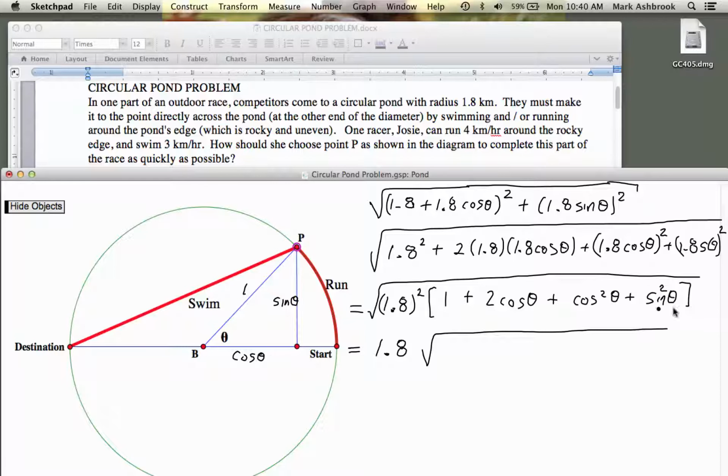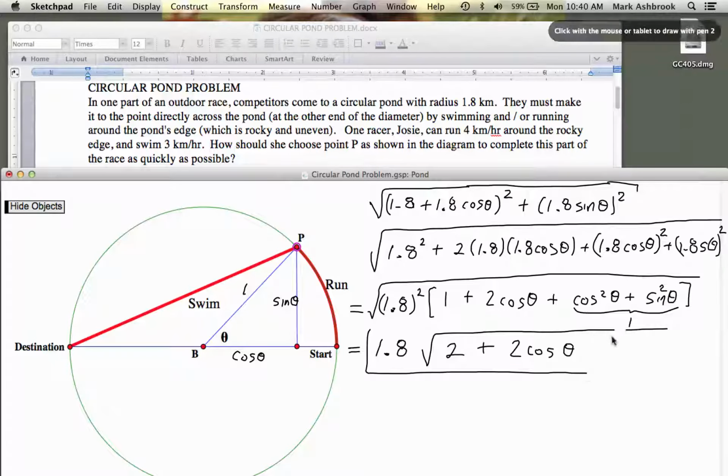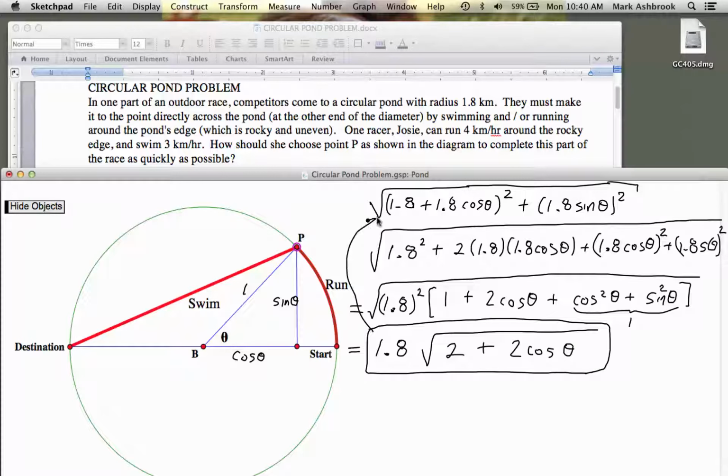And 1 squared is just 1. So this whole thing is 1. And 1 plus 1 is 2, plus 2 cosine theta. And that was the expression that I used in the time function. So this right here is equal to this.